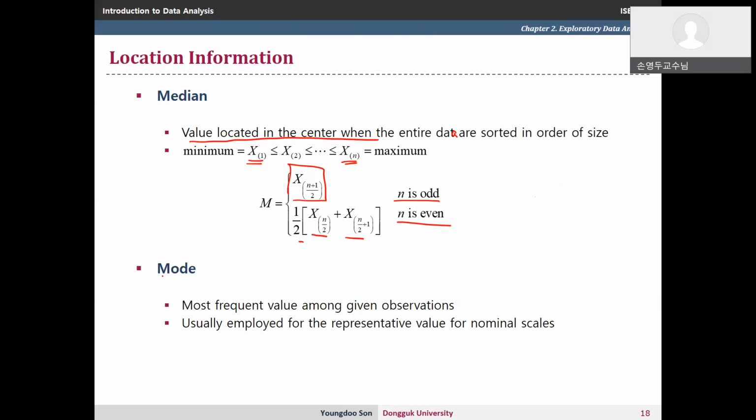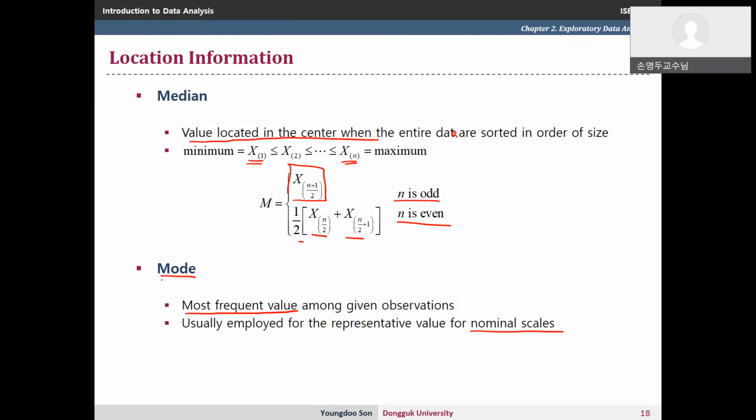And the mode is defined as the most frequent value among the given observations. So it is very popularly used to find the representative value for nominal scales, because nominal scale attribute values do not have any order or scales or amounts, so we cannot find any mean or median for the nominal scale values.